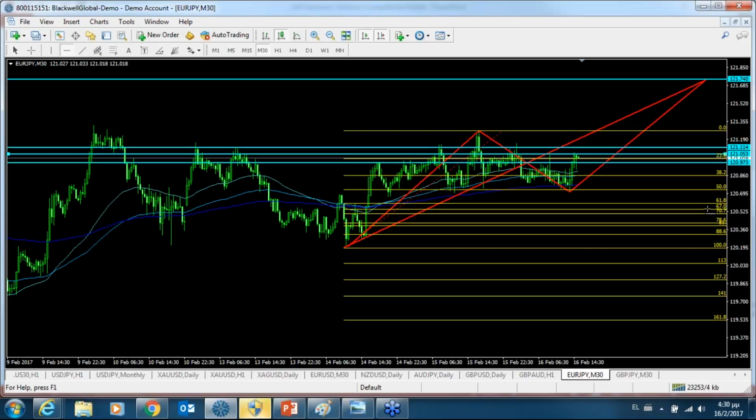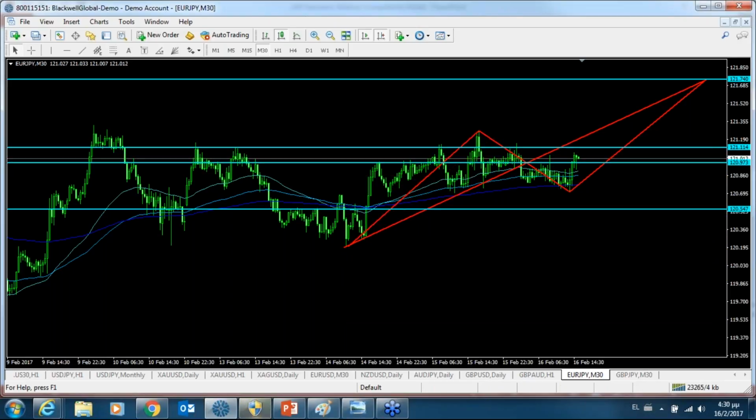Okay, that's your 67%. So that is your ideal stop loss area, approximately about 40 over pips from your potential entry area.